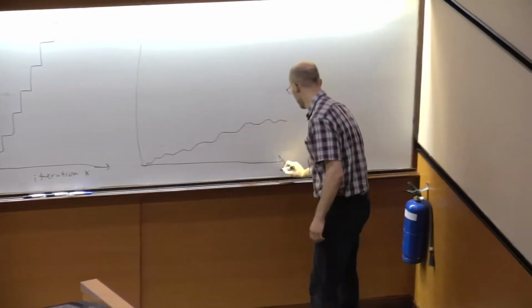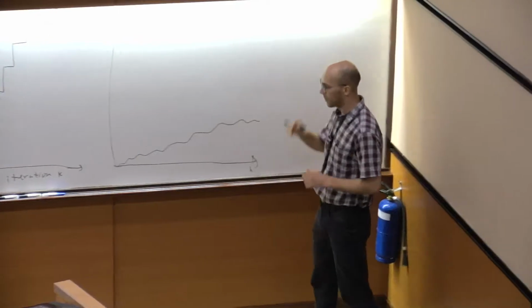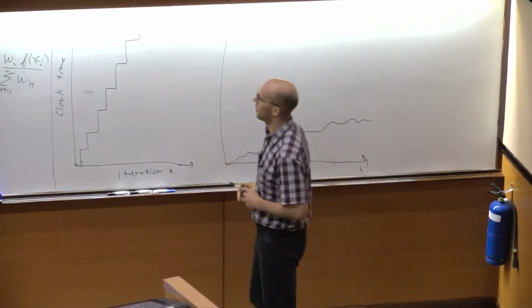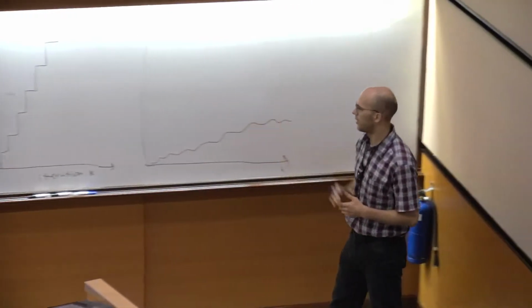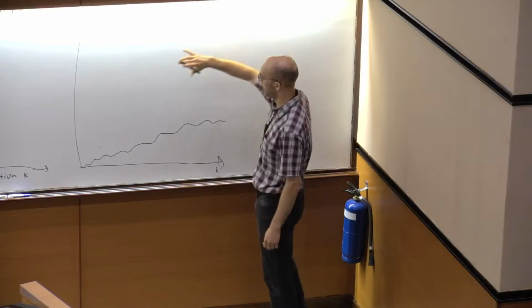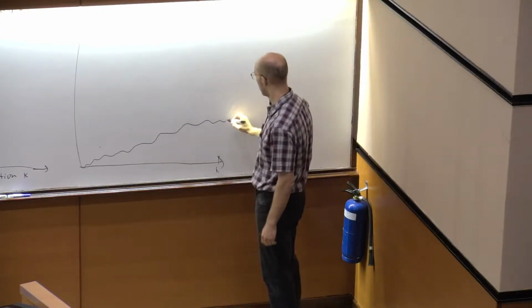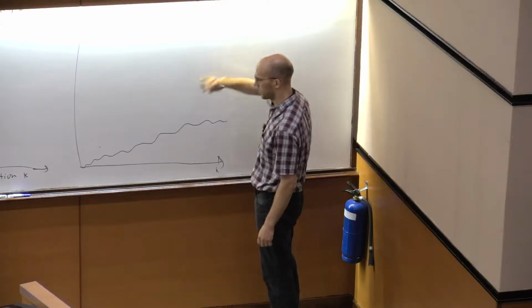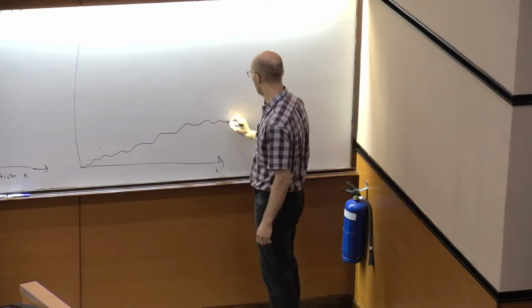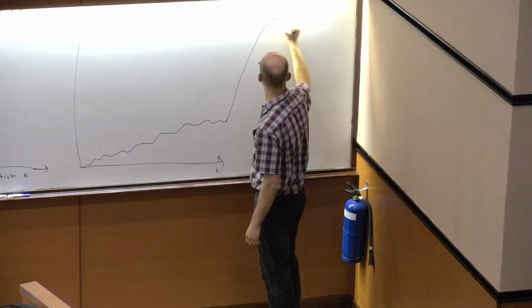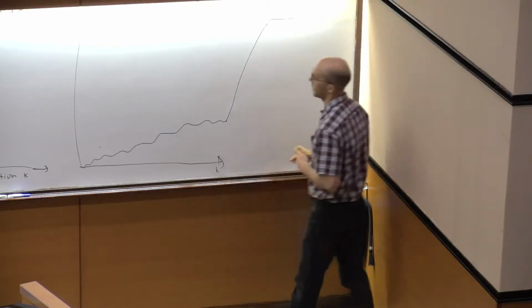This is at iteration n, so now we're done. Once we've drawn all our x values, we can do the parallel sampling. Instead of having to do this staircase, we can run in parallel, and so it will look something like this.